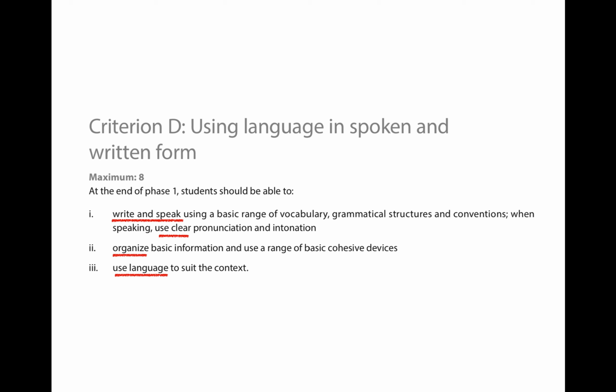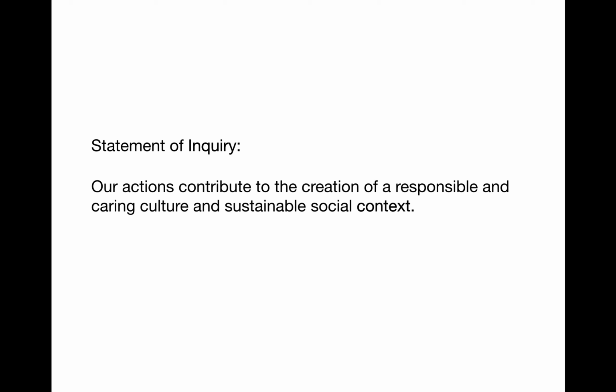This is something we would have to define for the students. Look, we need to know how to use the present tense very well. You need to know how to use the verb to be. You need to know how to use these words. We would like to see you using this range of words in your speech. Organize basic information and use language to suit the context.